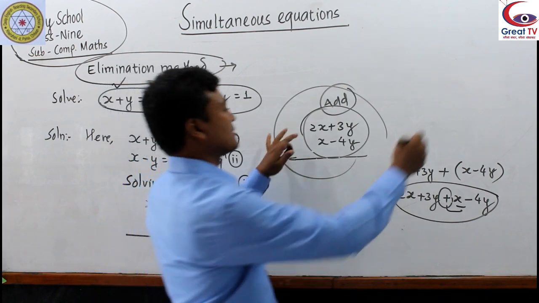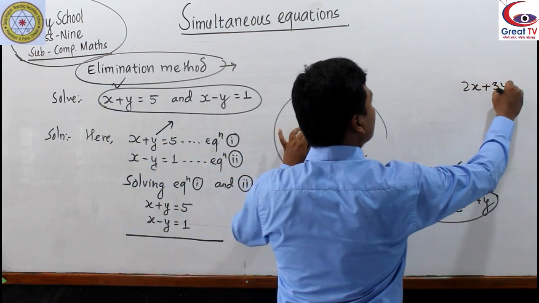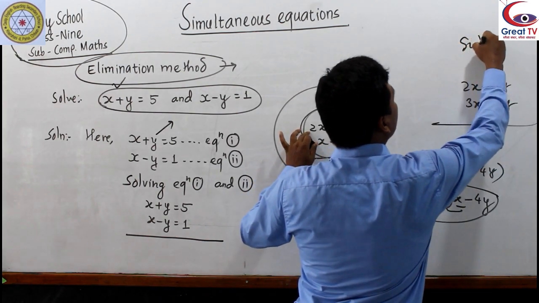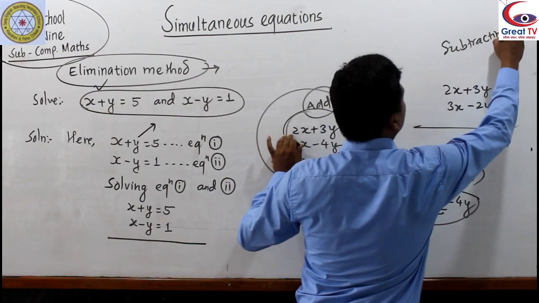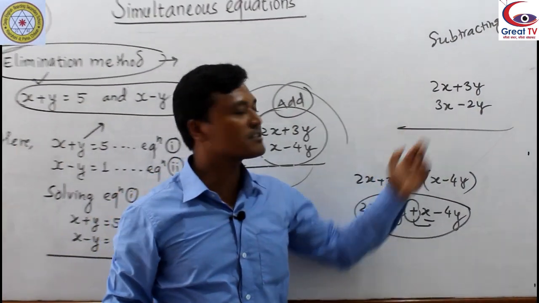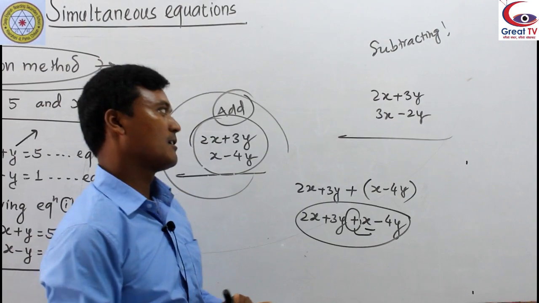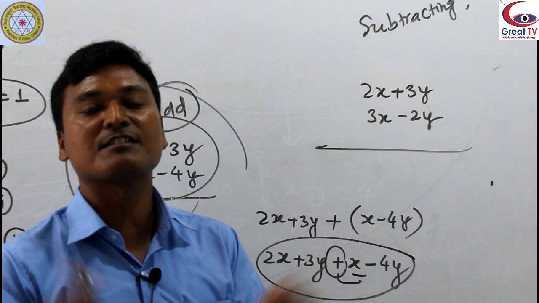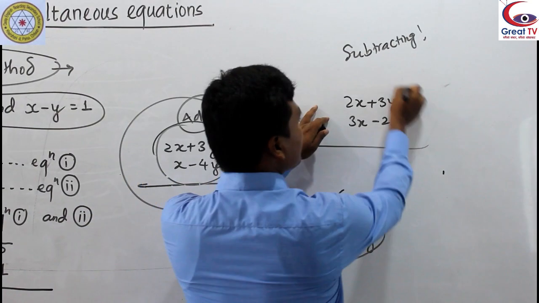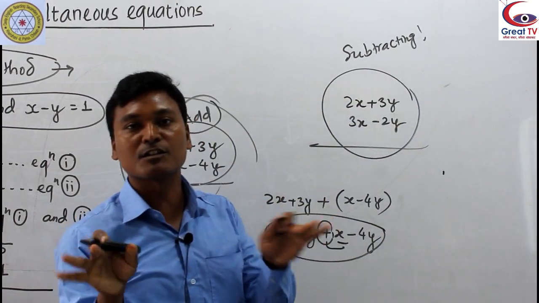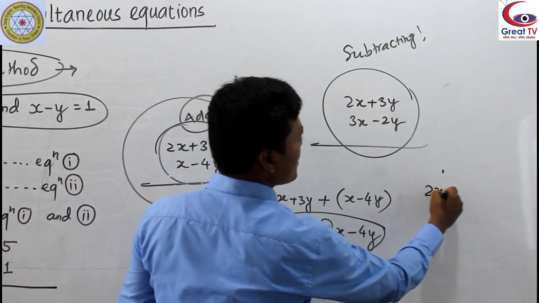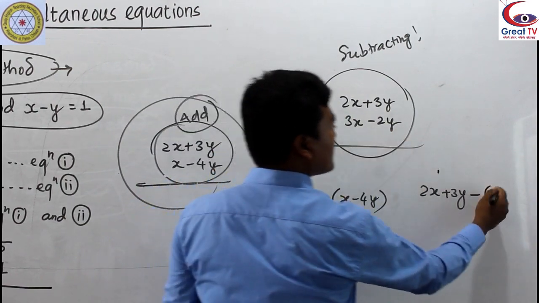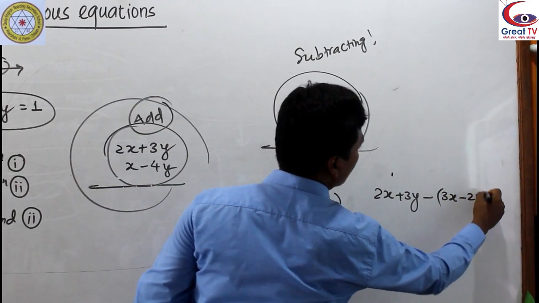But when we are subtracting, let's say 2x plus 3y minus 3x minus 2y, you know very well this concept you read already in your previous classes. While subtracting, the sign of the algebraic expression written downside must be changed. Why? When you are subtracting by writing in horizontal form, what happens? 2x plus 3y minus, and after the minus we have to write the other expression in brackets, 3x minus 2y.